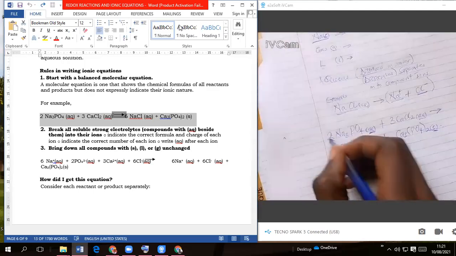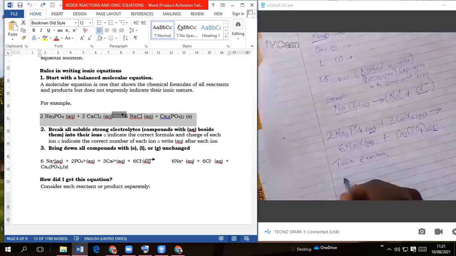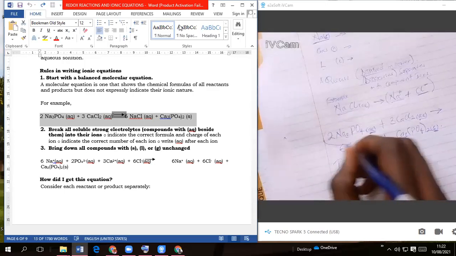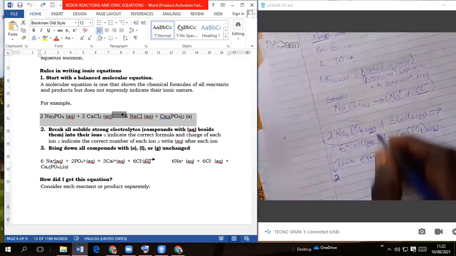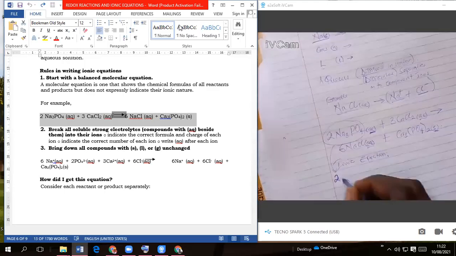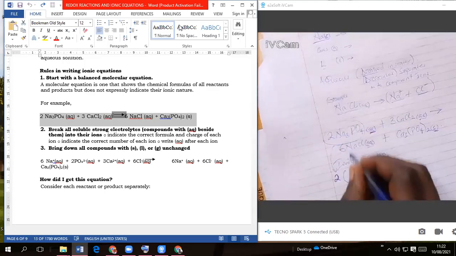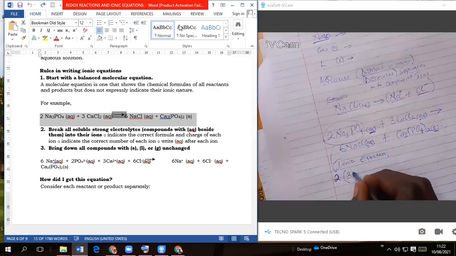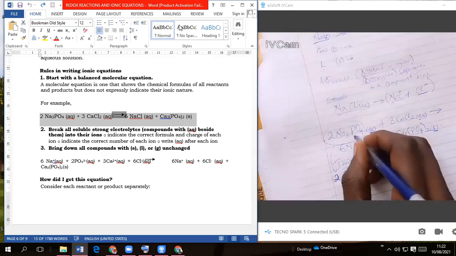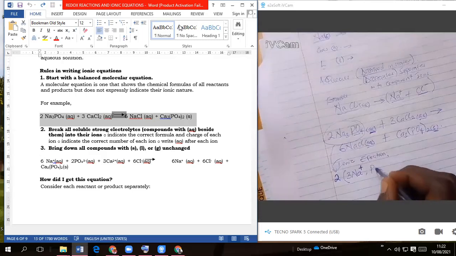Now, this 2 is behind here, so we shall write 2 ions present here. Because it is in aqueous state, we shall have 2 open brackets. We have 3 sodiums, and the charge of sodium is +1. It is in group 1. Then we have a phosphate ion, PO4.